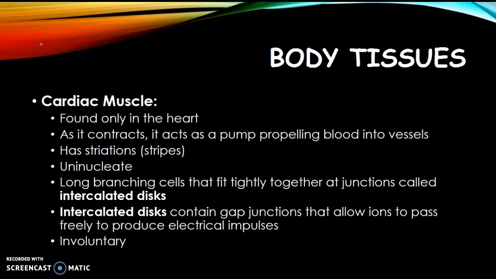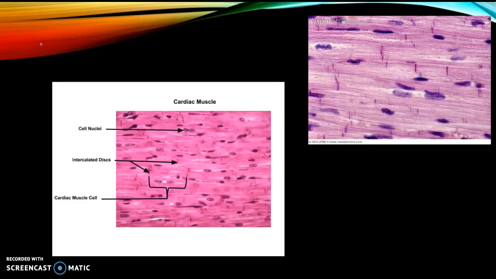These intercalated discs are where gap junctions are. Gap junctions, remember, allow ions to pass in between these cardiac cells. And this is what's causing electrical impulses to be produced so you can actually contract this muscle. It's also involuntary. That's a big difference from skeletal muscle. You do not have control over your cardiac muscle.